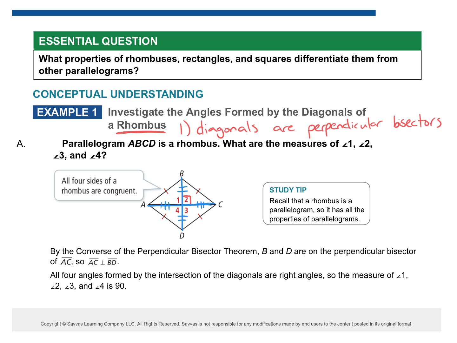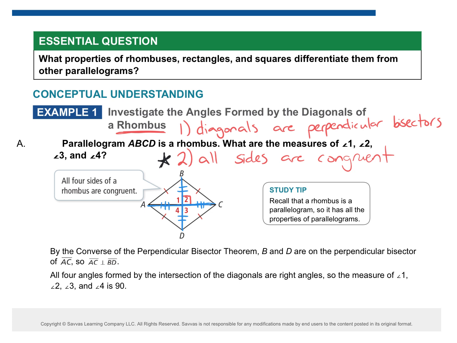What else do you notice about this diagram here? What else did they tell us? All sides are congruent. So in rhombuses, you can assume all sides are congruent to each other. That is the big one for rhombuses.